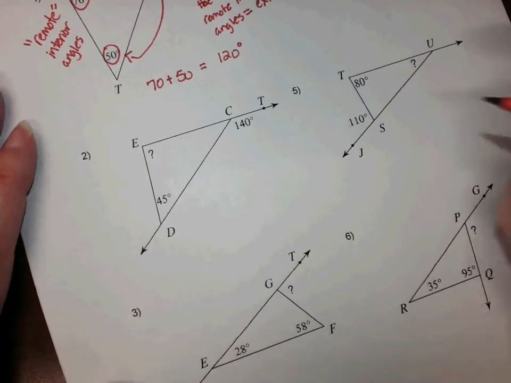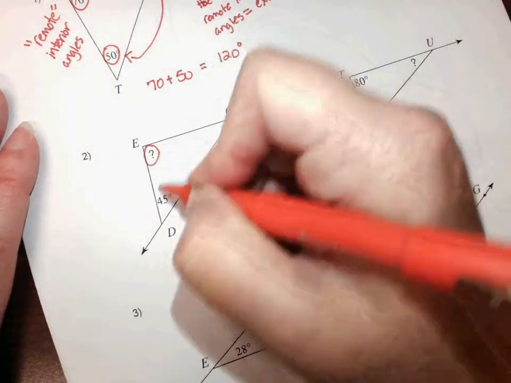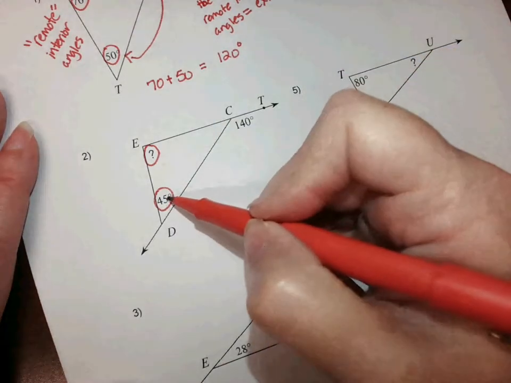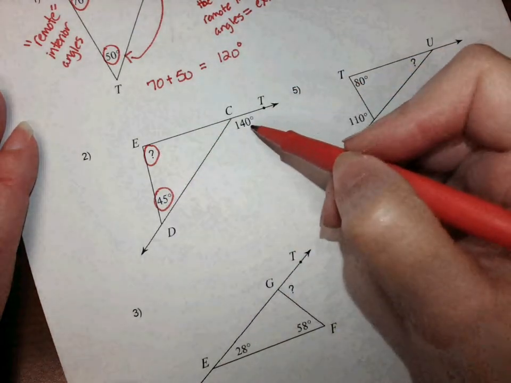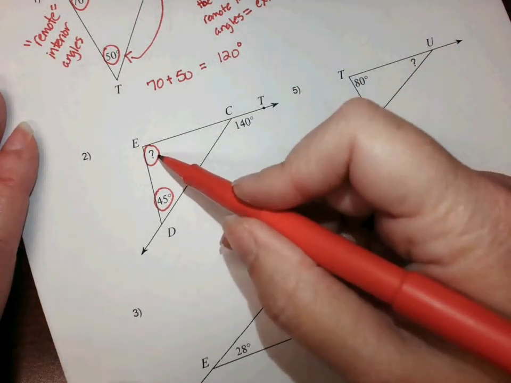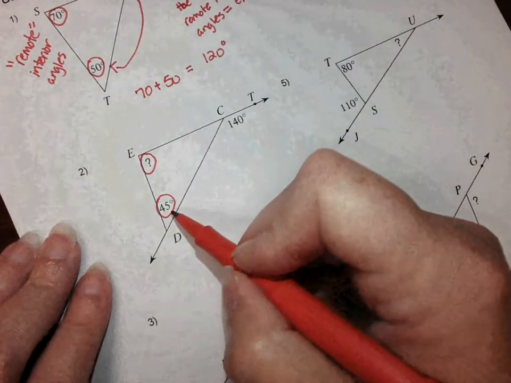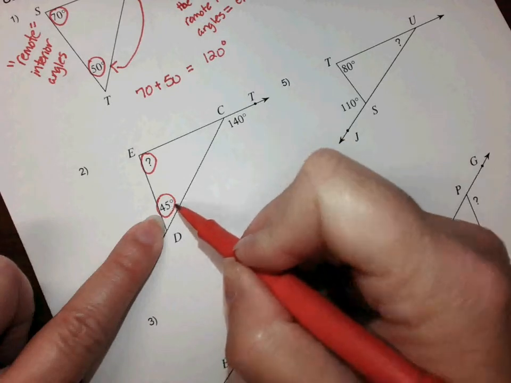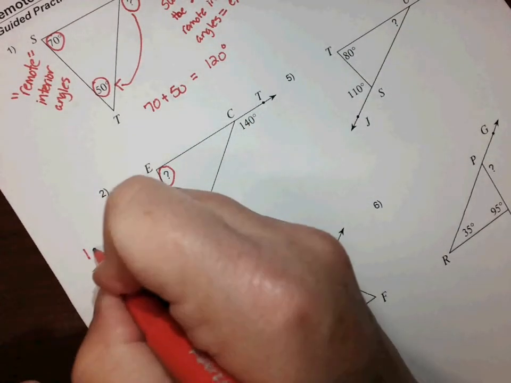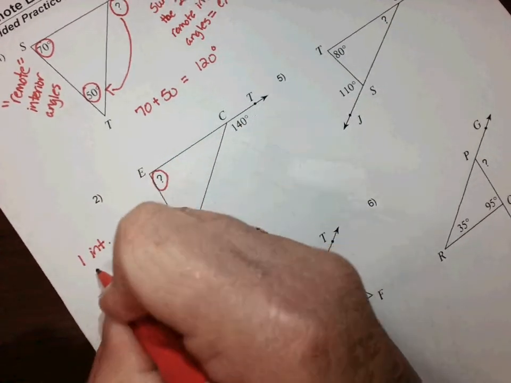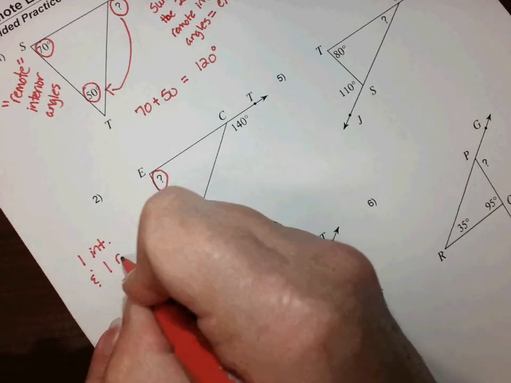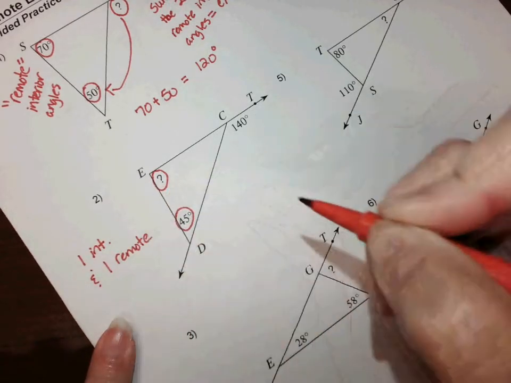For number 2, here's my remote interiors. So I know that 45 plus some unknown number has to equal 140. If they give me one interior and one exterior, what am I going to have to do? I don't add.